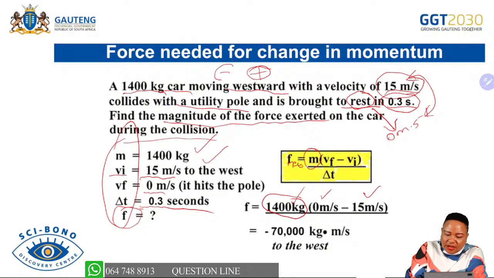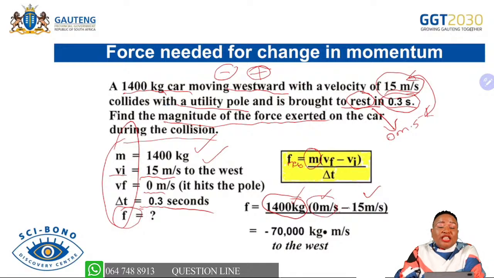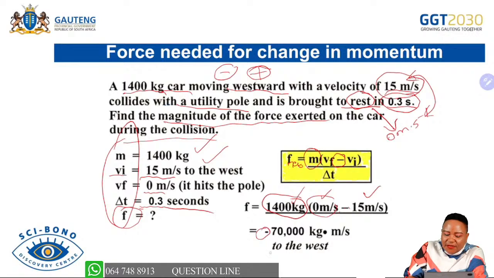Here it was going to be positive 15, but because west is positive, we said 0 subtract. Remember, subtract is for the formula, not for the direction. So we have taken our 15 meters per second, which is westward, as positive. Therefore, our answer becomes negative 70,000 kilograms per meter squared.